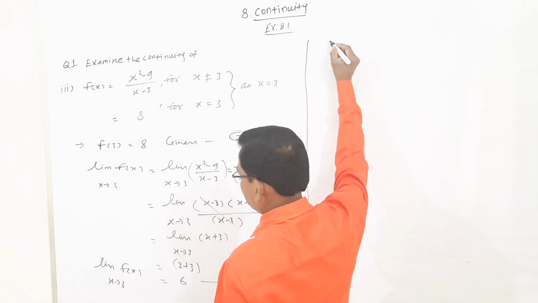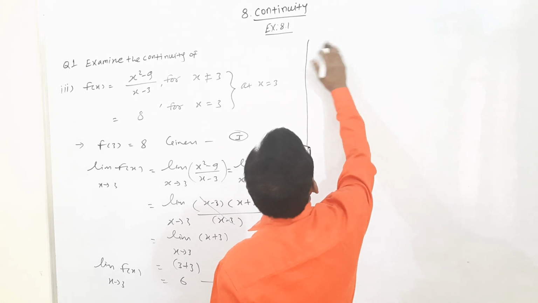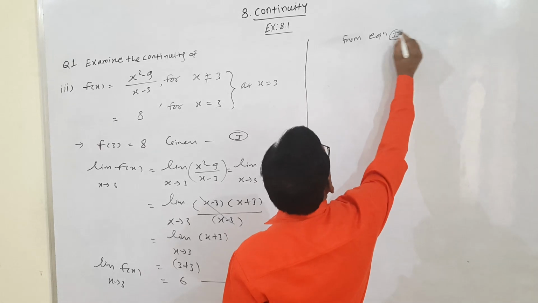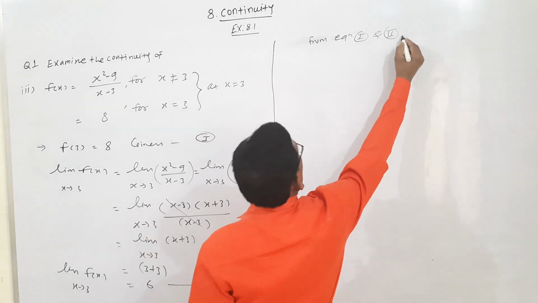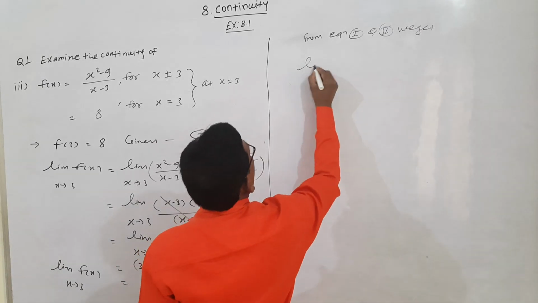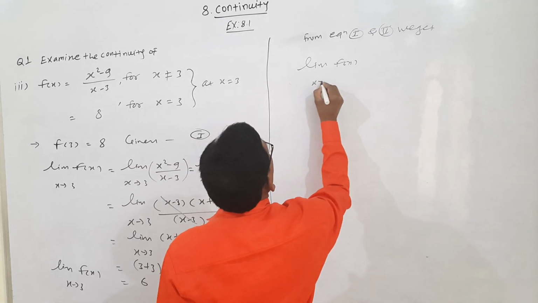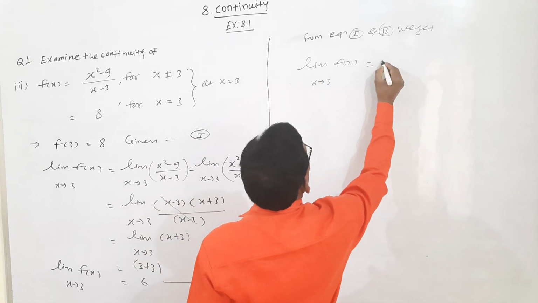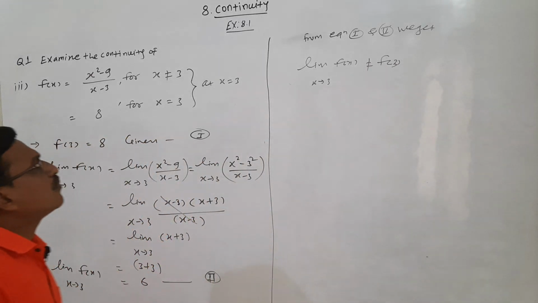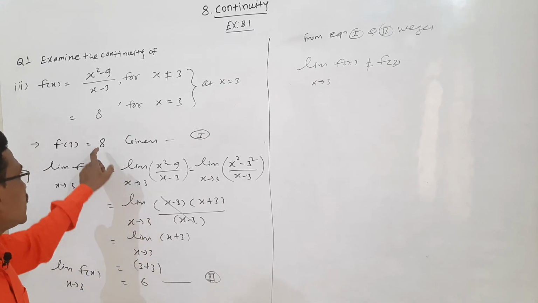So therefore from equation 1 and 2 we get that the limit of function f of x as x tends to 3 is not equal to f of 3, because f of 3 is given as 8 and the limit of that function is 6 here.